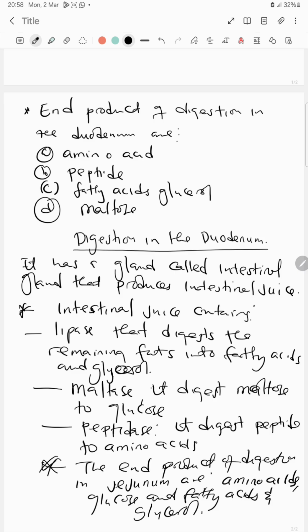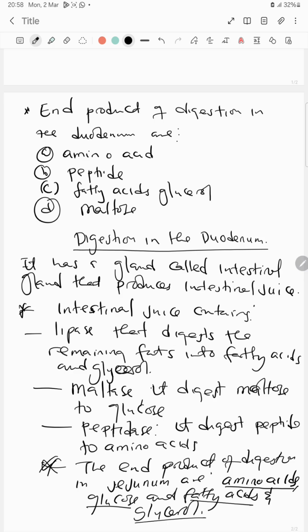The reason for all these things is that we wanted to make amino acids, glucose, fatty acids, and glycerol.